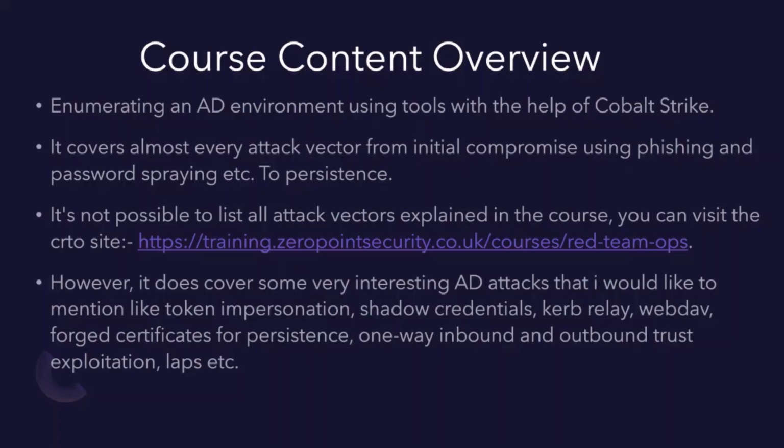And shadow credentials. Shadow credentials is kind of similar to RBCD. It's like when you have write access over a property of a computer object. In RBCD you have that write property over, I think, msDS-AllowedToActOnBehalfOfOtherIdentity, and here you have key credentials.